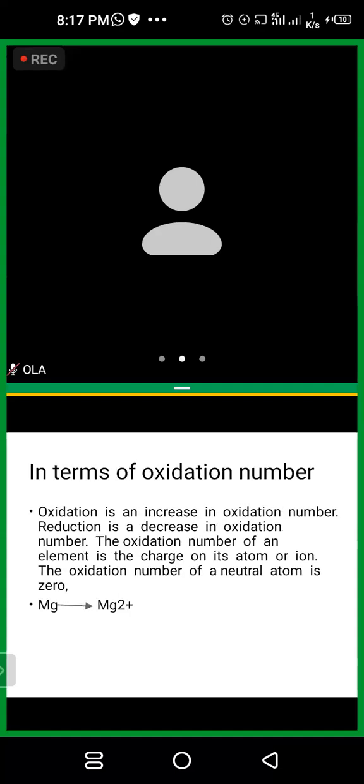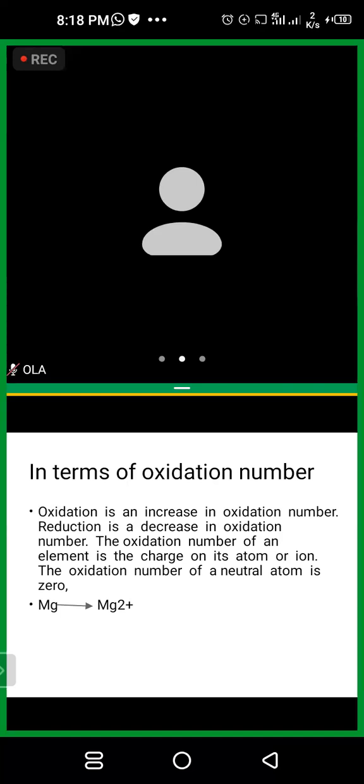Now, the point is this, the oxidation number of an element is the charge on its atom or ion. For example, we have magnesium here. When magnesium loses 2 electrons, that means it has an oxidation number of what? +2, because it has given off 2 electrons. But if this magnesium was in its neutral state, as in just a normal element, it will have an oxidation number of 0 because it's not giving off or gaining.